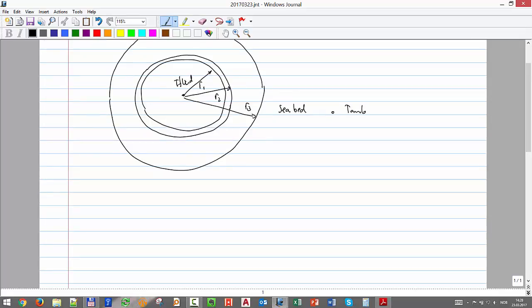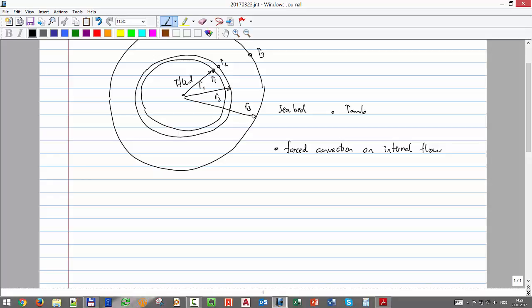So what you have is what we mentioned last time. First, going from in to out, we have convection, and actually it's called forced convection on internal flow. And let's call that temperature T1, that temperature T2, and that temperature T3.